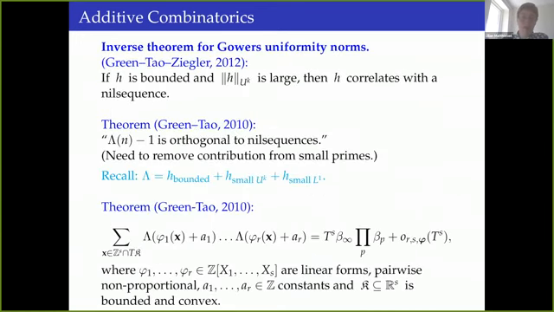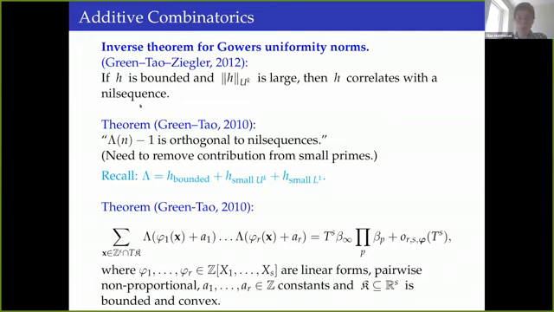And they eventually managed to prove that a bounded function with large uniformity norm correlates with objects called nilsequences. Nilsequences are generalizations of the exponentials with linear polynomial phase functions that we met before in the U2 norm case.